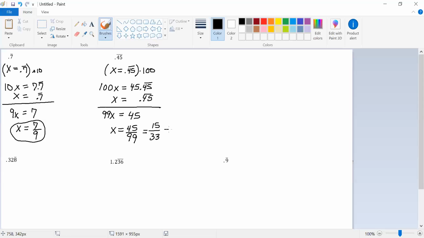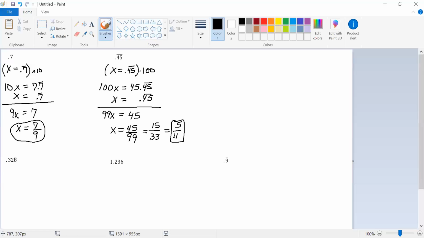Oh, look, I can do 3 again. So notice I could have divided by 9 to begin with, which would have been fine. But as long as I get there, 5/11 is the rational number written in fraction form that 0.45 repeating is equal to.